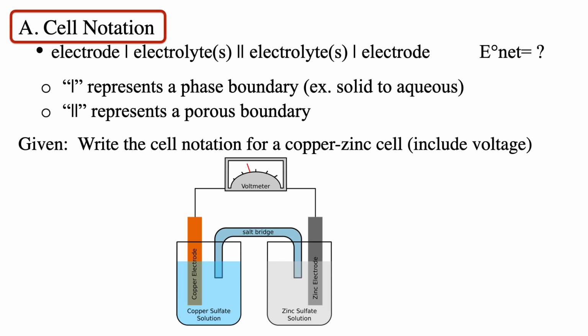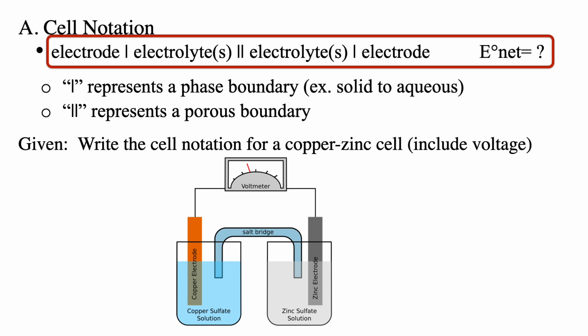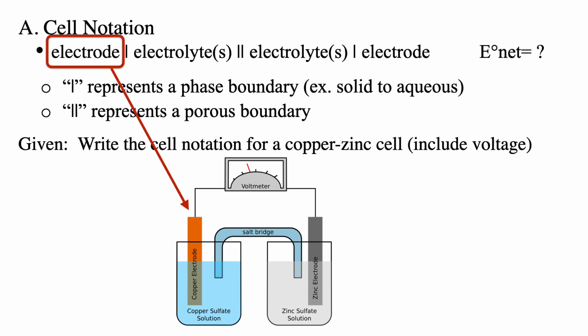Okay, so cell notation, we talked about this a little bit in a previous lesson. Cell notation looks like this: you have an electrode, line, electrolyte, double line, electrolyte, line, electrode.